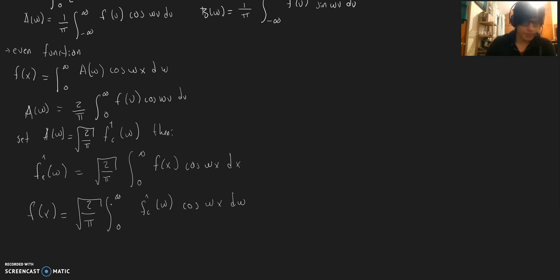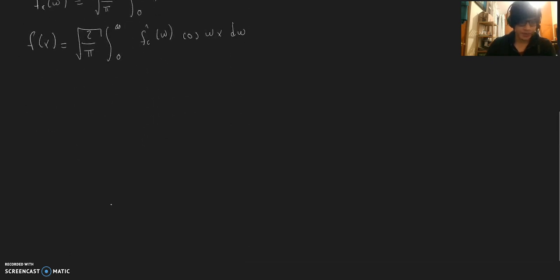So, pretty much it. This is how we obtain the Fourier cosine transform, and it's given by this integral here.